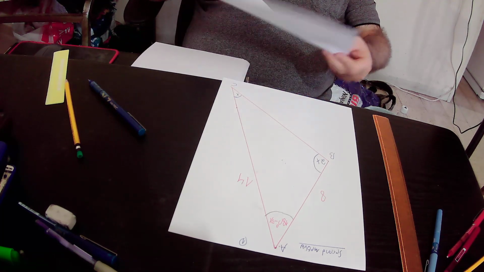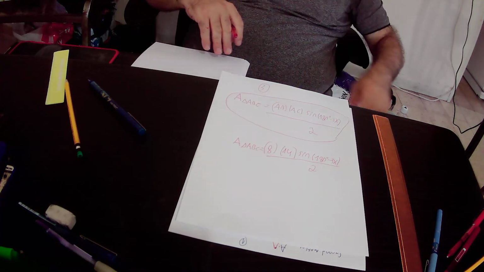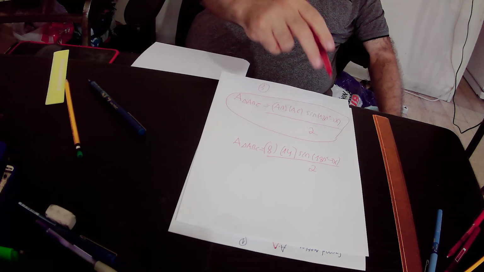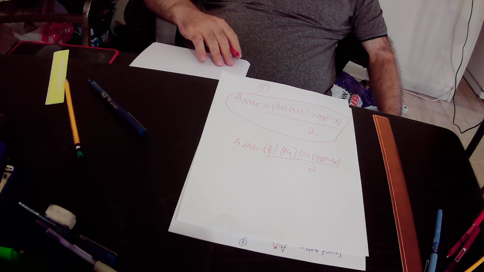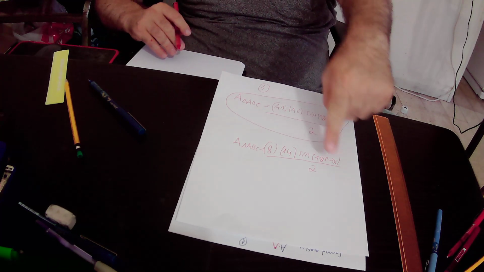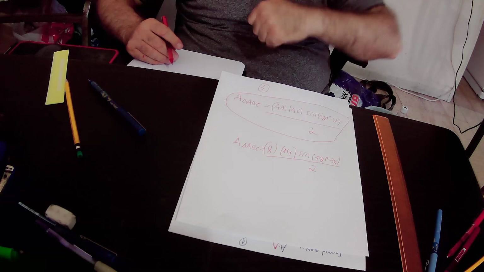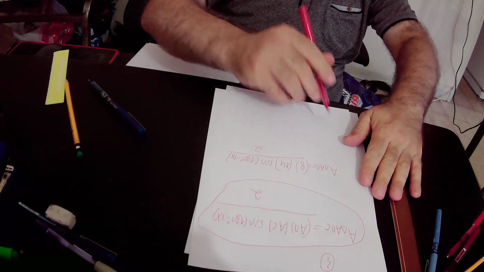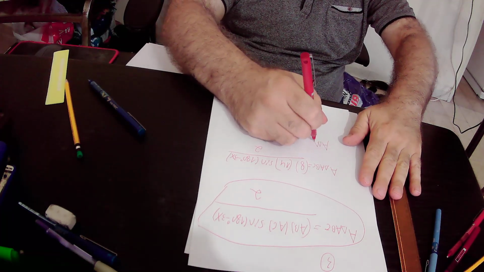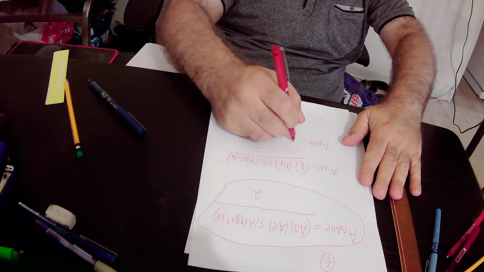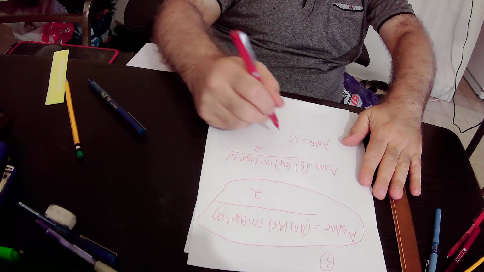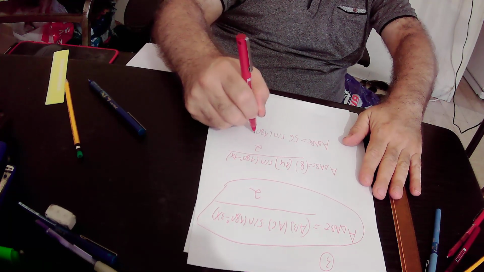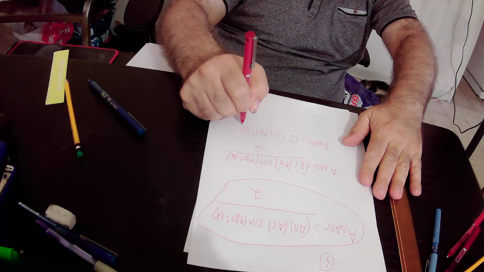So the area equals 8 times 14 times sine of 180 degrees minus 3x over 2. 14 over 2 is 7, and 7 times 8 is 56. So I write down that the area of triangle ABC equals 56 times sine of 180 degrees minus 3x.